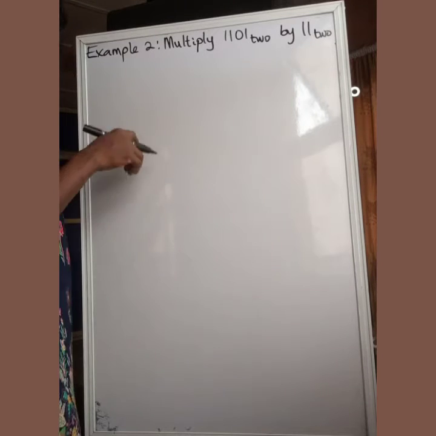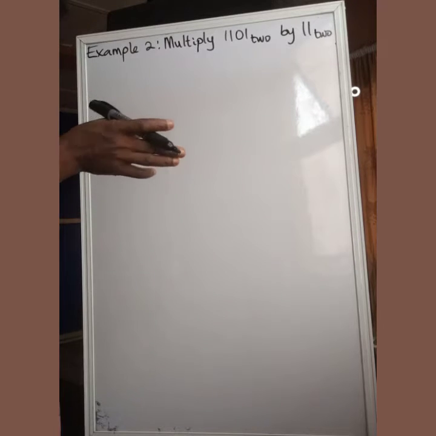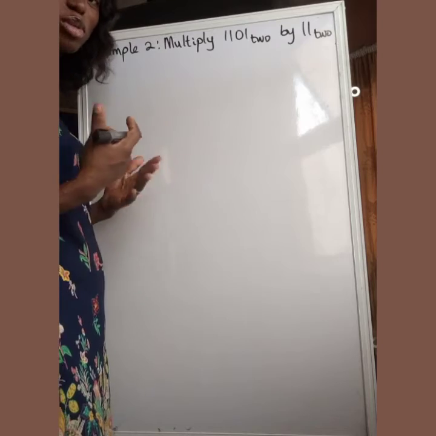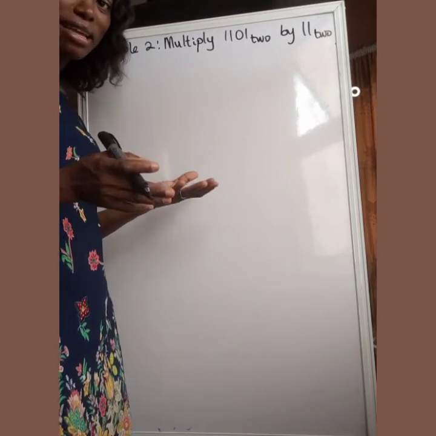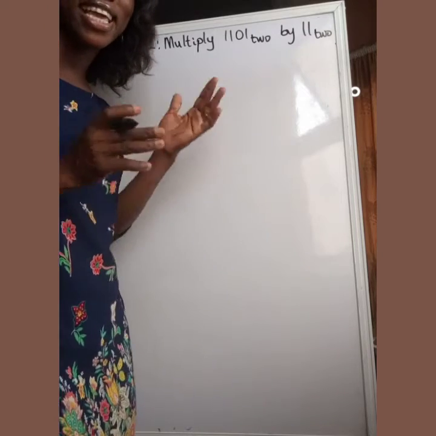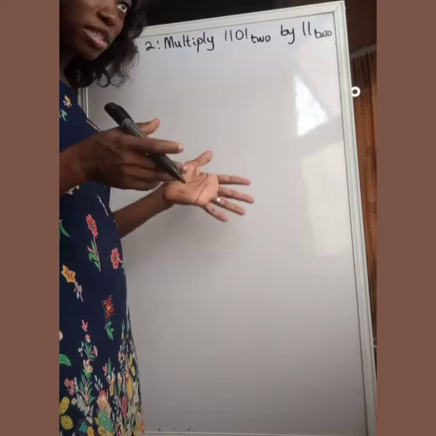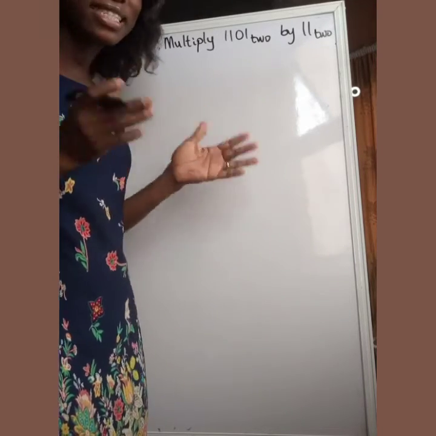I'll be using another method to do this example 2, so that you will choose the method that is much convenient for you to use. Yes. One thing I love about mathematics is that it gives you different ways of doing things, and that makes it easier for you.